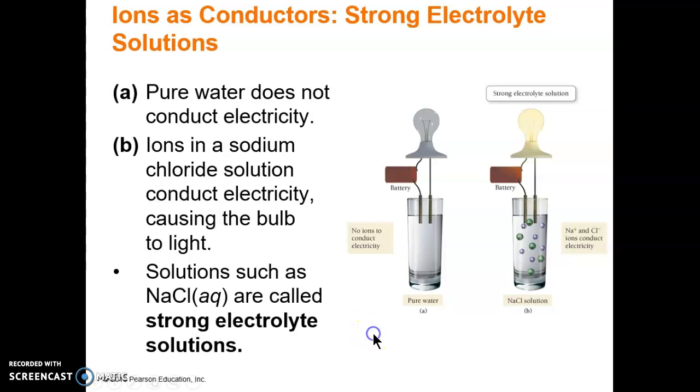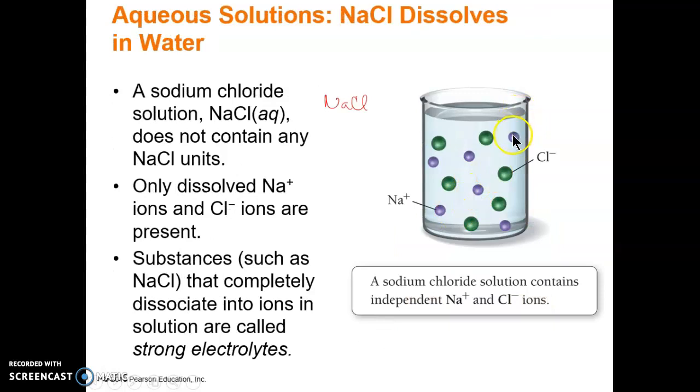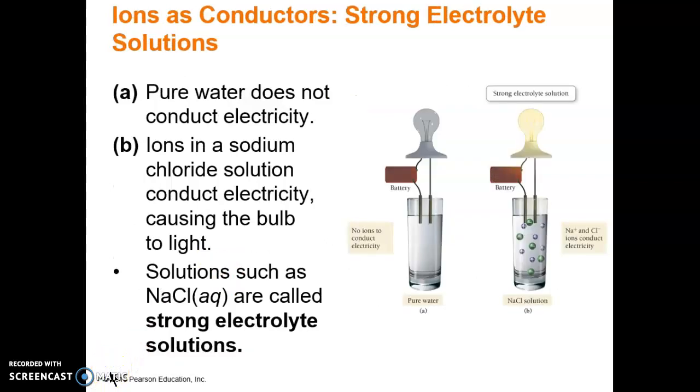So let's go back to this previous picture here. Because you have so many ions in the solution, it would make it very easy for electricity to flow through here, because the electricity could just flow from ion to ion to ion. So they're good conductors. As you can see in this picture, you have a battery that's connected to some electrodes there on the left, and you have pure water.